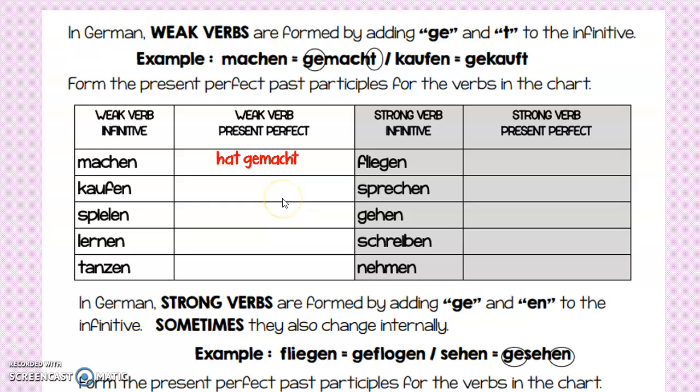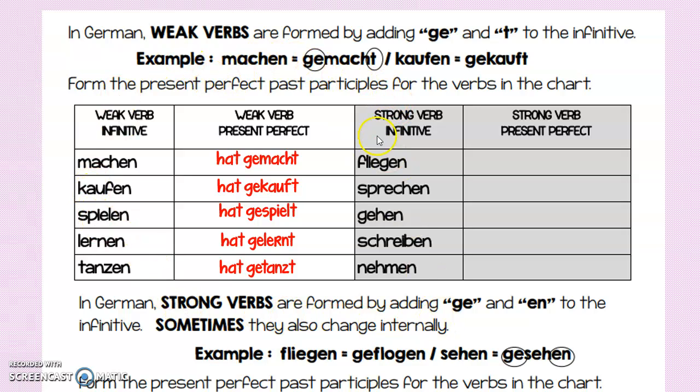Machen, hat gemacht. Kaufen, hat gekauft. Spielen, hat gespielt. Lernen, hat gelernt. Tanzen, hat getanzt. This hat here represents the have. For example, in English we would say have talked, have jumped, have kicked.